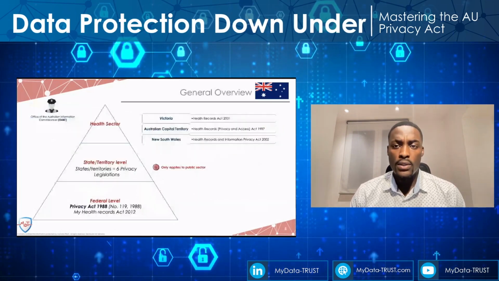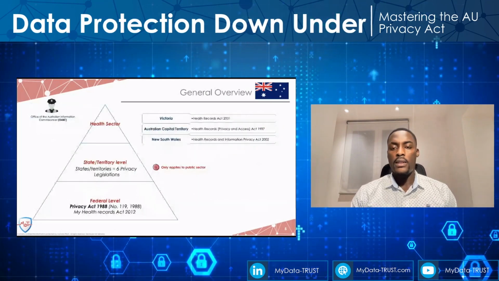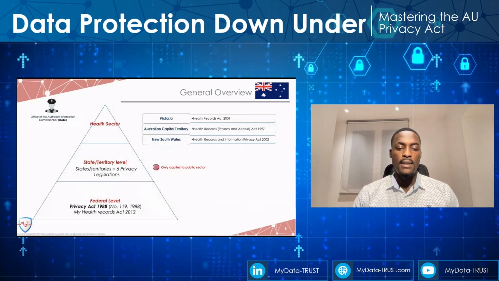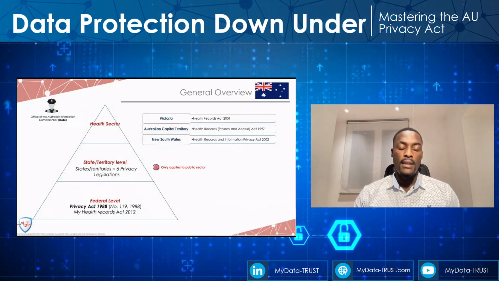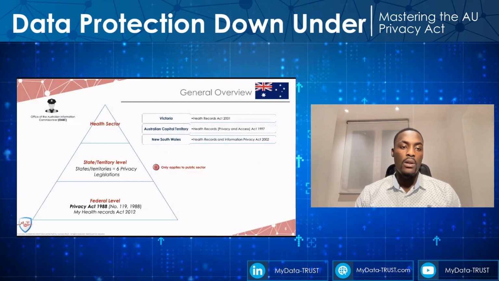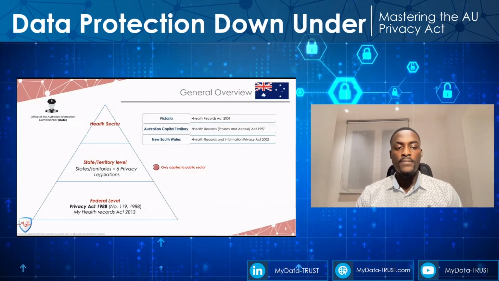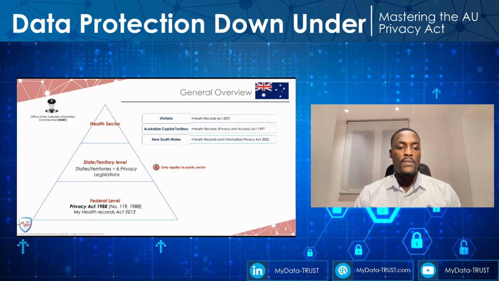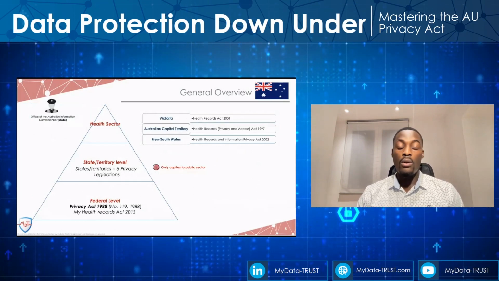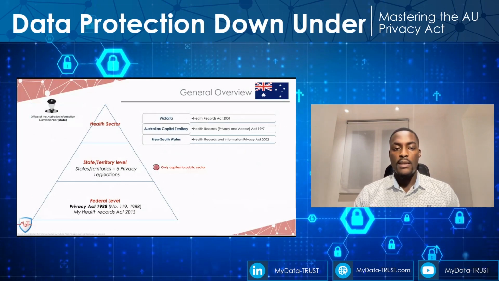Let's take a look at the general overview of the law in Australia. At the federal level, we have the Privacy Act 1988, which sets out the data principles for processing personal information. Besides, some states and territories have their own data protection laws, which apply only to the public sector.